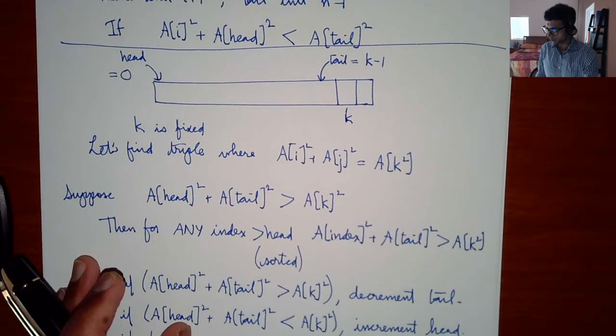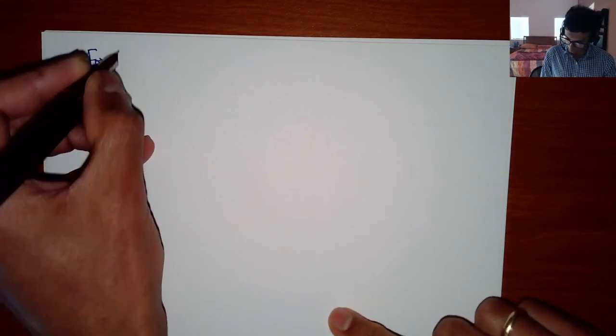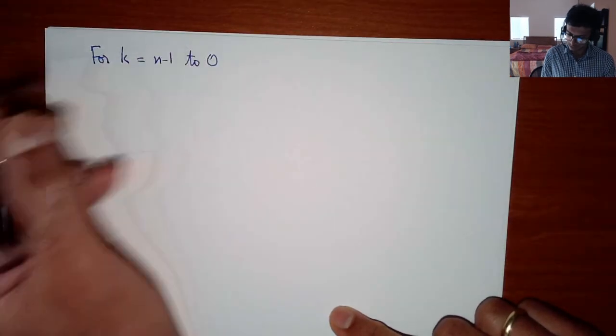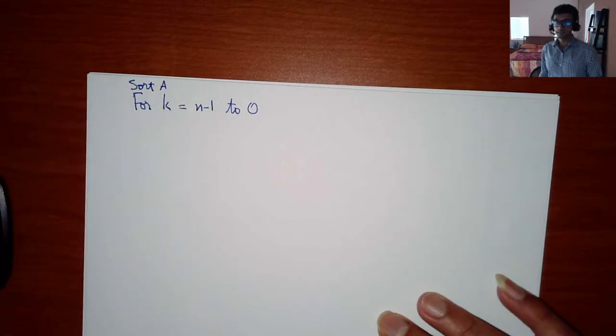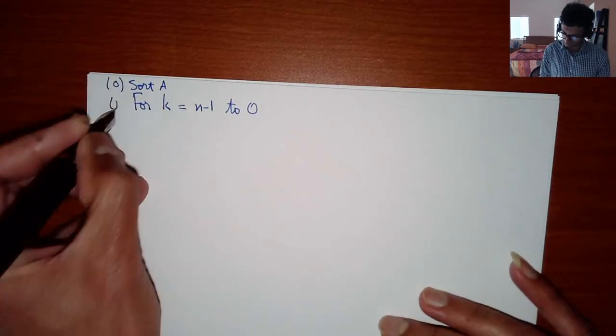So I'm just going to write this out. For k going from n minus 1 to 0, so first you sort A. I'll call that step 0.